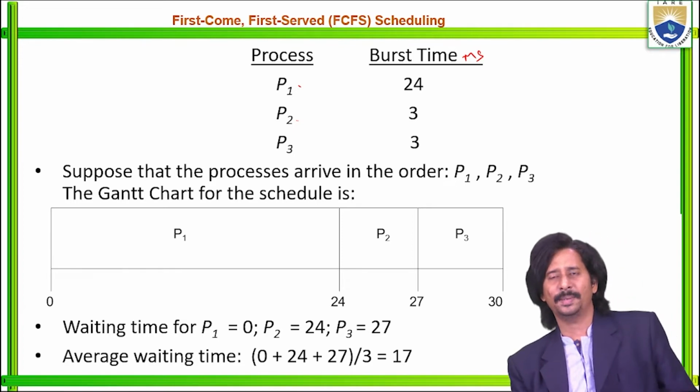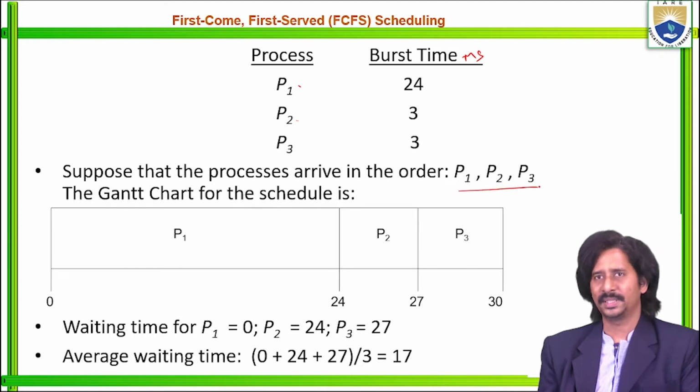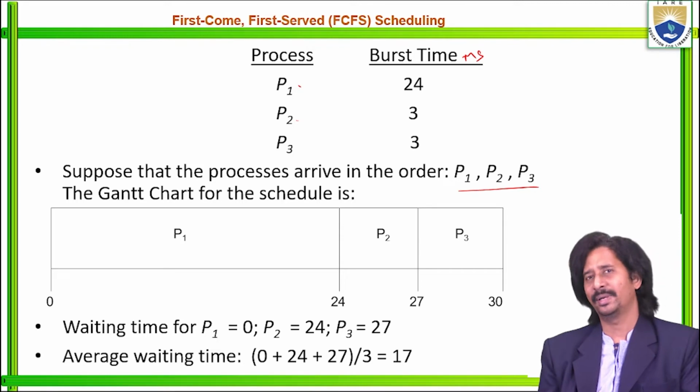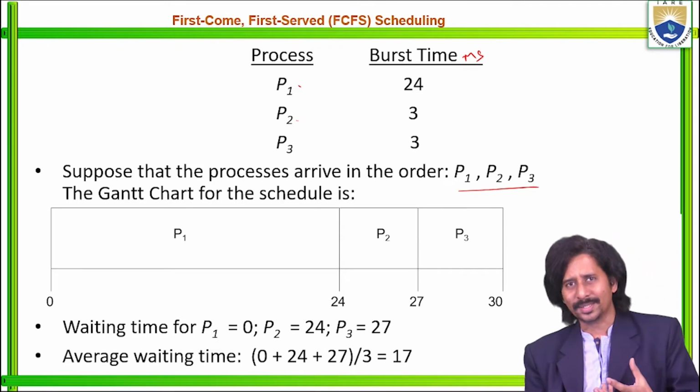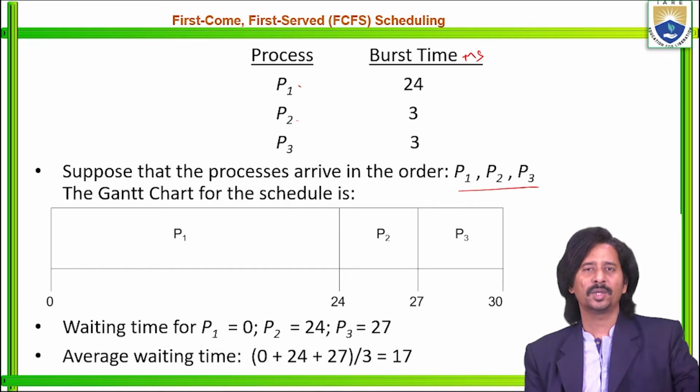Suppose the processes arrive in the order P1, P2, P3. This is very important because in FCFS scheduling, the processor always executes the processes in the order in which they arrived into the system.